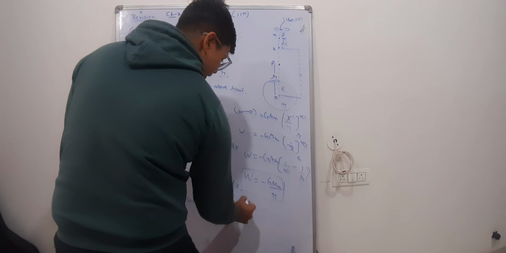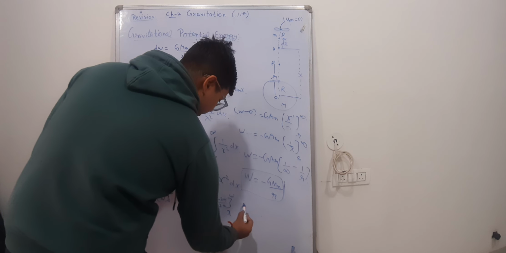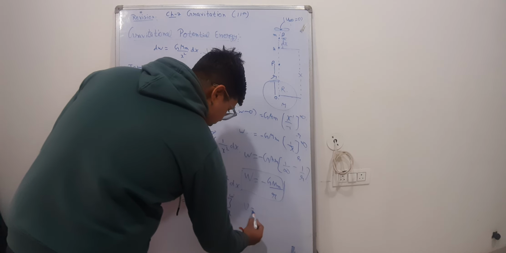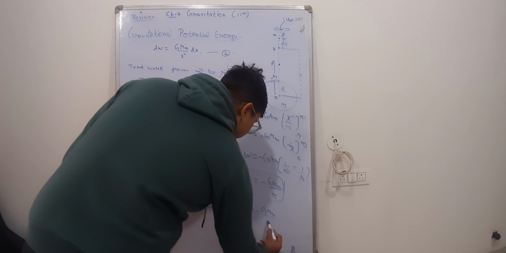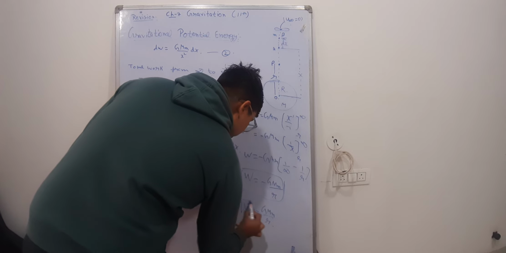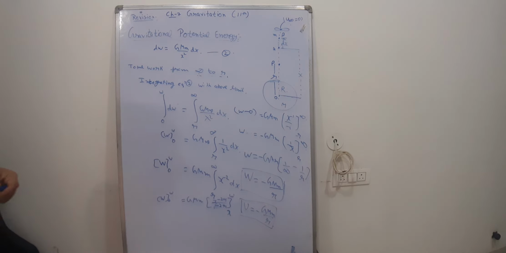Here the infinity term approaches 0, so the potential energy is equal to minus G M m upon r. You note it down.